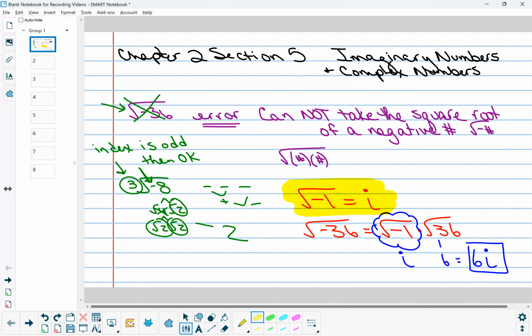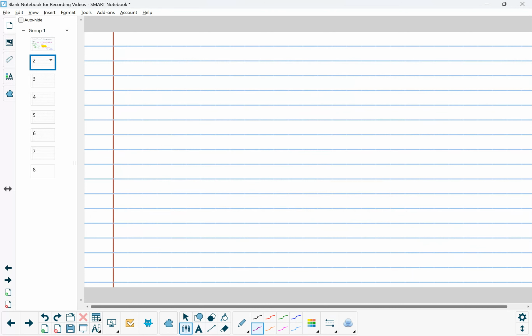Okay? So here's how something like that is going to work for you. Let me go back to an actual pen. We're going to switch pages. And if you see something like the root of negative 20, you see that negative under there, I want you to immediately pull it out and rewrite it as i radical 20.